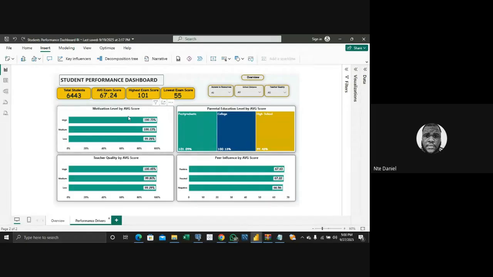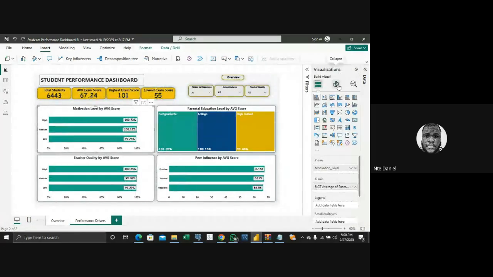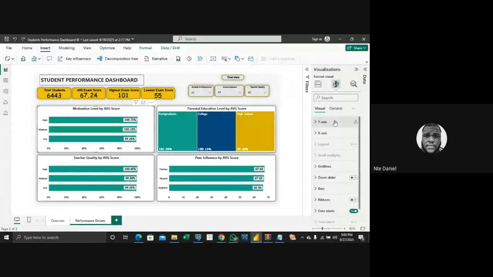Again, a subtitle: this chart shows how motivation of students impacts their performance. Again, I'm seeing over 100% there. The scoring is 0 to 100%. I'm seeing a lot of numbers that are over 100. So that's something you should pay attention to, because I've not seen any scoring system that goes above 100.